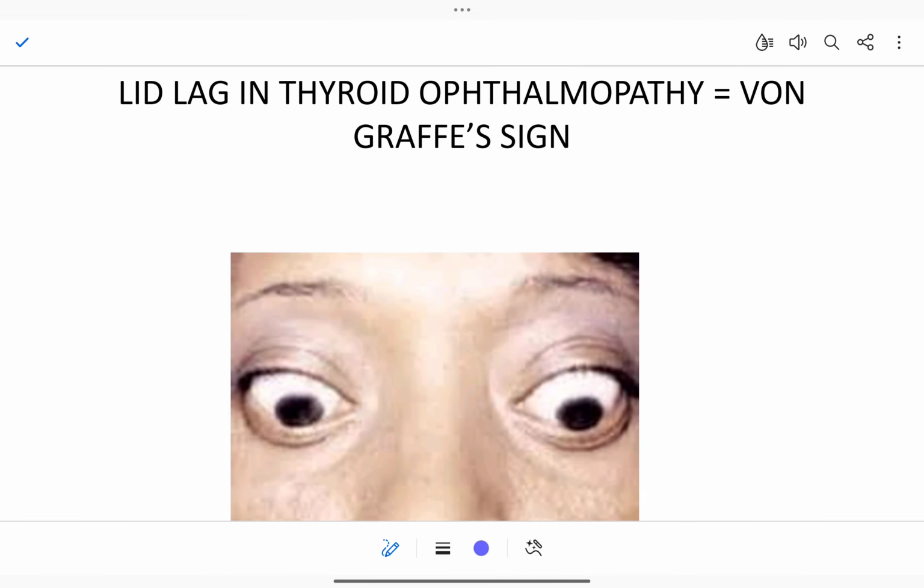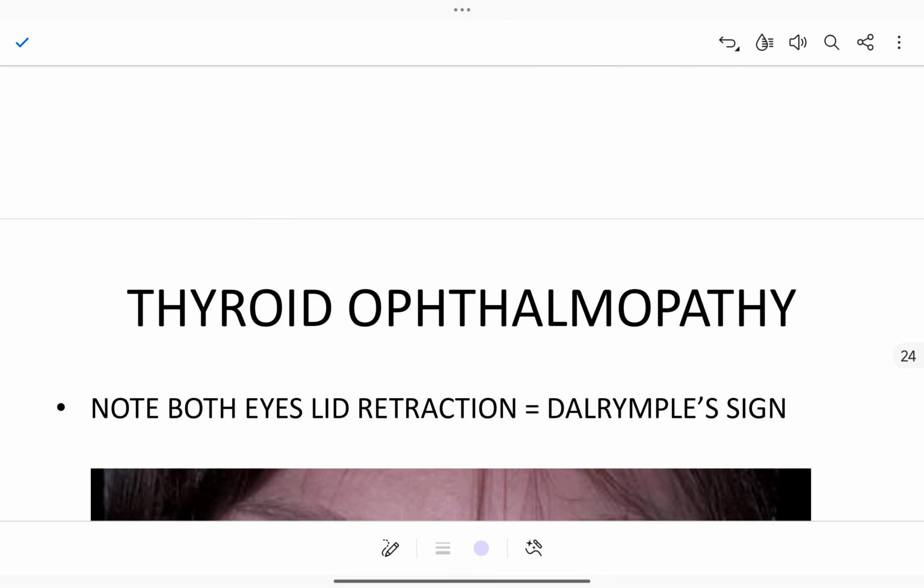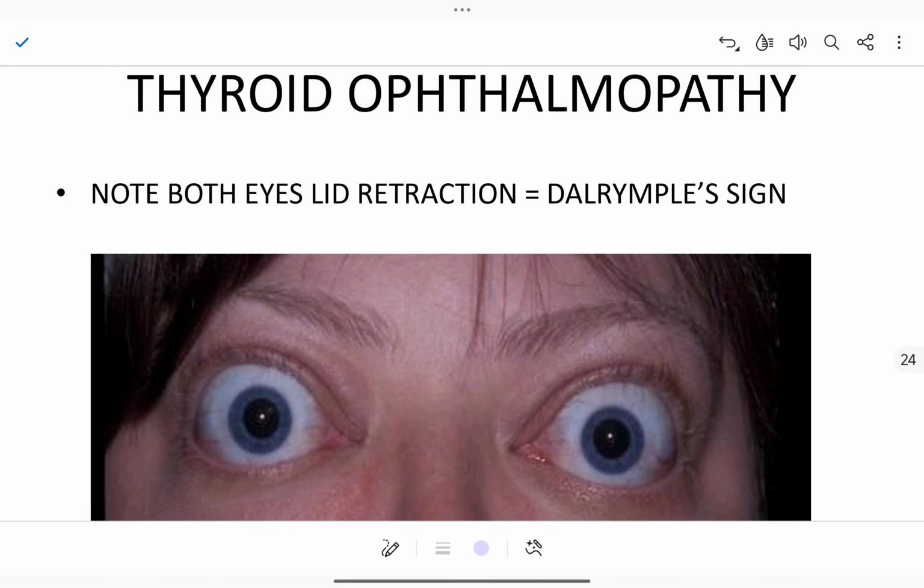This is called lid lag. See, going down. Lid lag in thyroid ophthalmopathy, also called von Graefe's sign. This is thyroid ophthalmopathy.